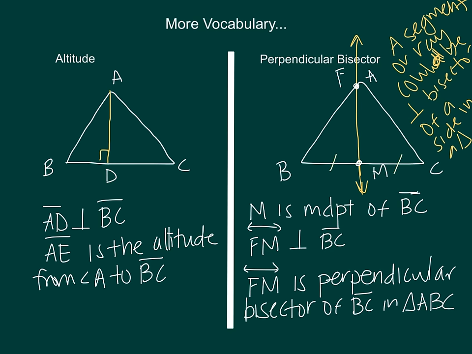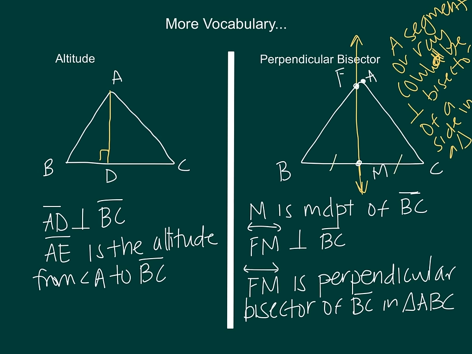Even though these triangles aren't drawn super well, in this triangle here, we started at vertex A and dropped the altitude straight down. So I don't know anything about BD and DC. All I know is that this right here has formed a right angle. Over here, if I were to draw this a little bit better, I can see vertex A is right here and F is right there.